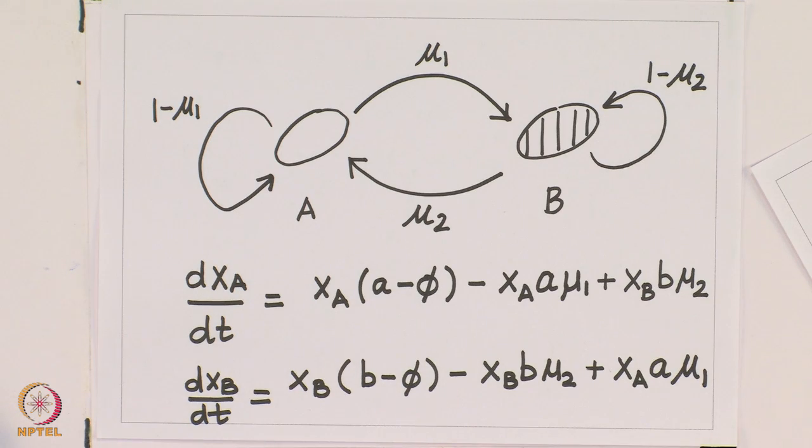Now, the first thing that we have to do is find an appropriate expression for the quantity phi. But we had initiated this discussion with the assumption that we are not going to bring selection into the equation at this point in the lecture today, because we want to understand mutations better. Hence, we are going to put A equal to B equal to 1 in this equation, and that simplifies our equations a little bit. And let's rewrite them again.